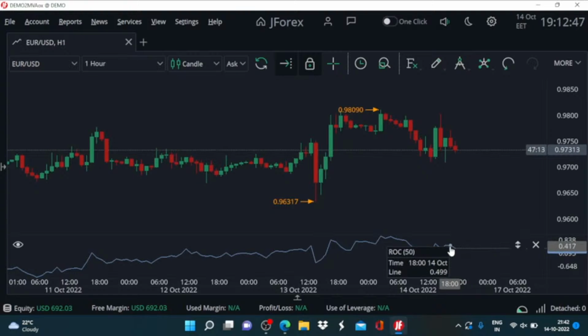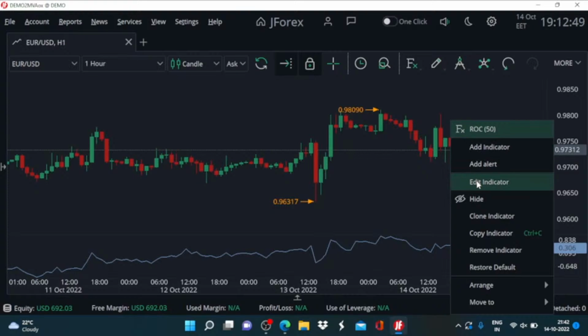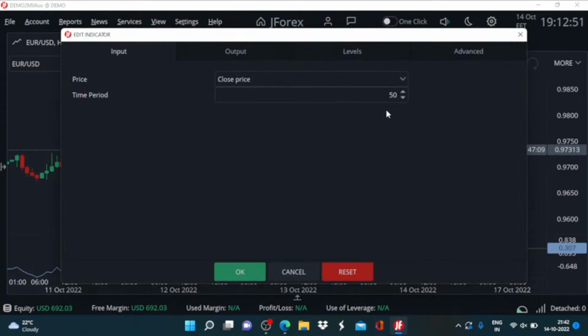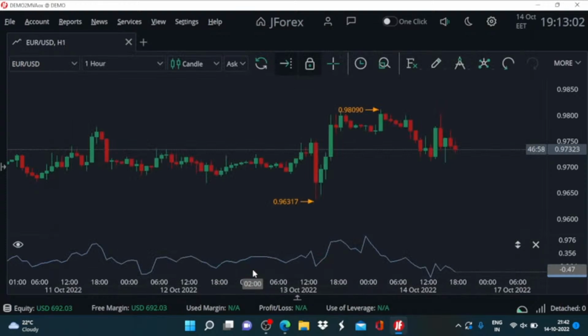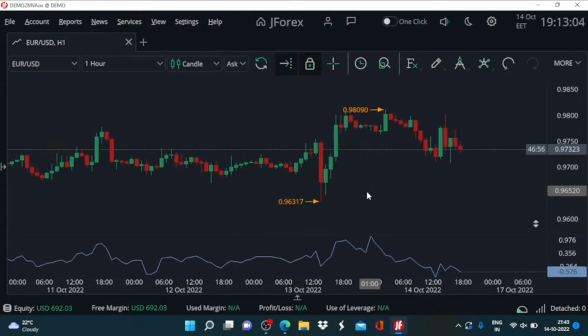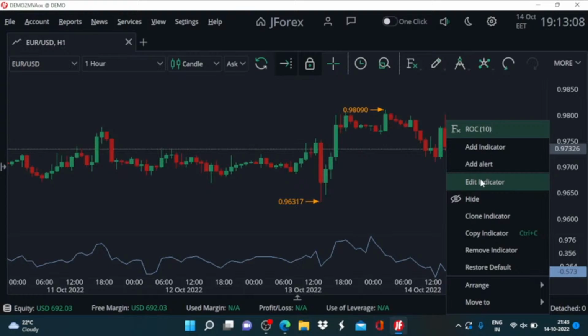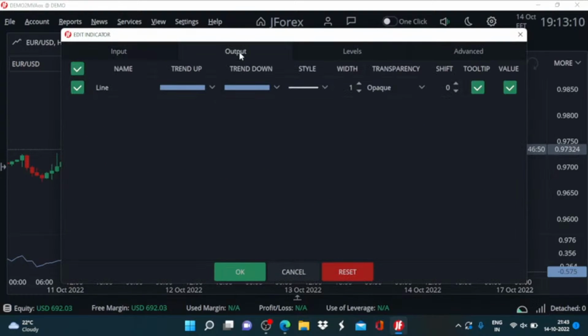So it is quite evident that depending on your requirement you will have to vary this calculation period, and it is going to cast a significant impact on the kind of signals generated by the indicator. Now let us see what more can be done with the editing parameters.